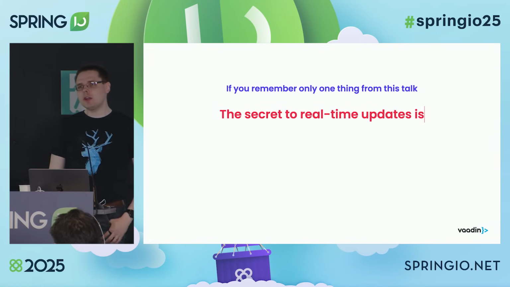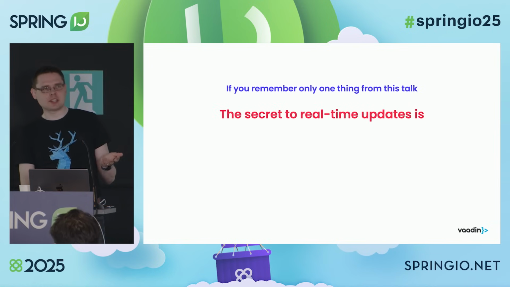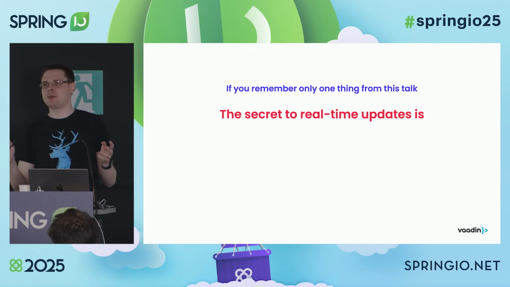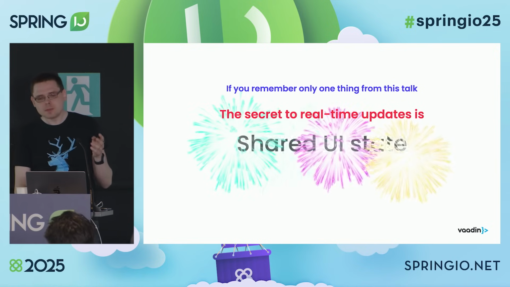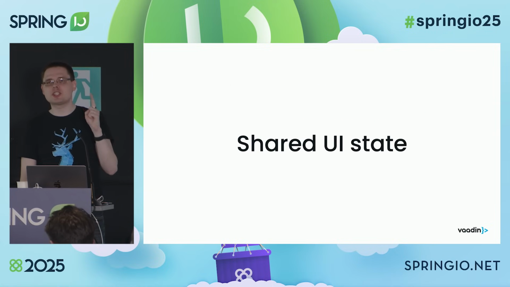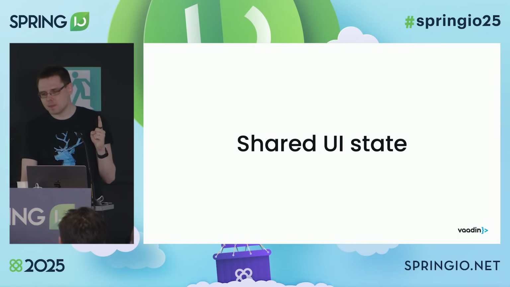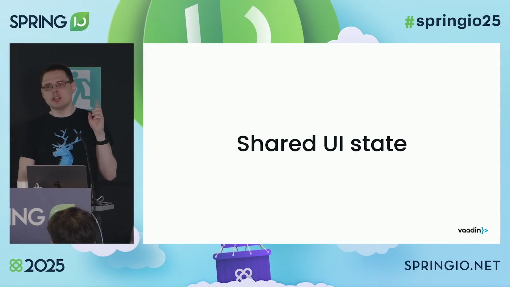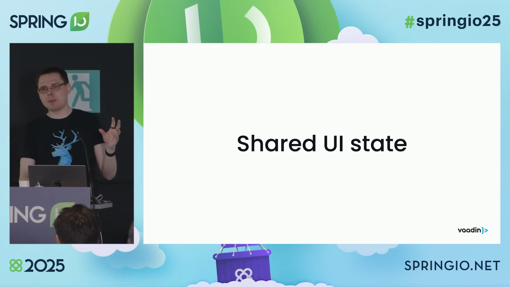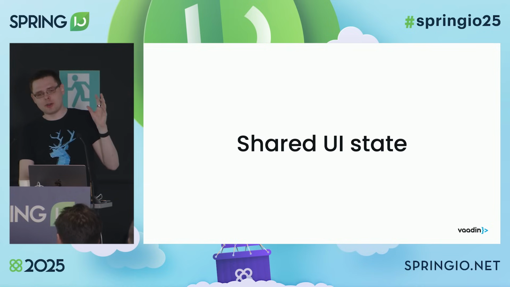During these past years, I've been thinking about how these kinds of things can be made easier, because they are quite difficult. I've come to the conclusion that very much rests on this one single way of thinking about things. And that is, building up a little bit of tension here, the secret for real-time updates in web applications, or in any applications for that matter.